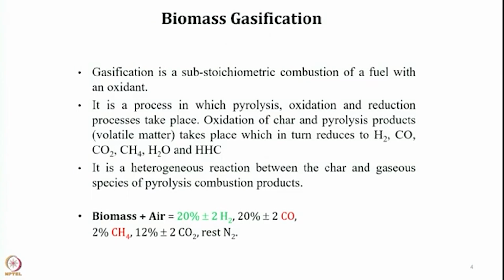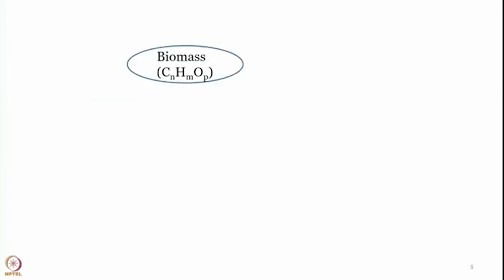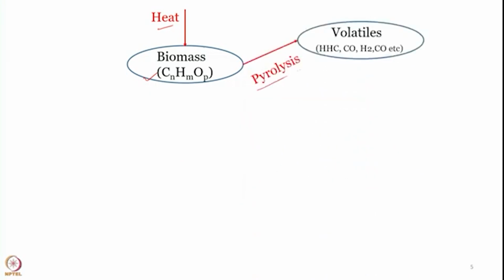Gasification involves pyrolysis, oxidation and reduction processes, and we will see what exactly happens in the next slide. Biomass contains C, H, N, O, and when we heat it, it undergoes pyrolysis and we get volatiles.